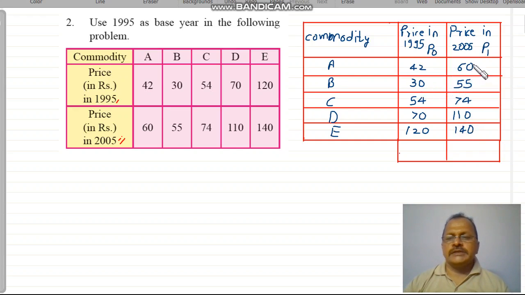Now take additions of these prices. 5 plus 4 is 9, 4 plus 1 is 5, plus 7 is 12, 12 plus 11 is 23, carry 2, 2 plus 2 is 4, so 439 is summation P1.